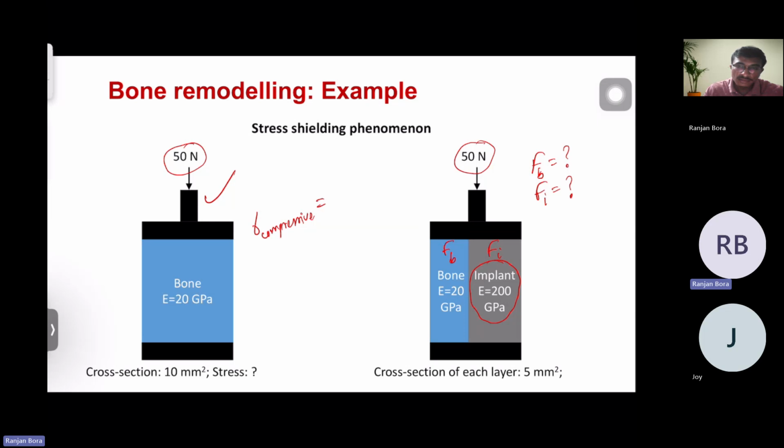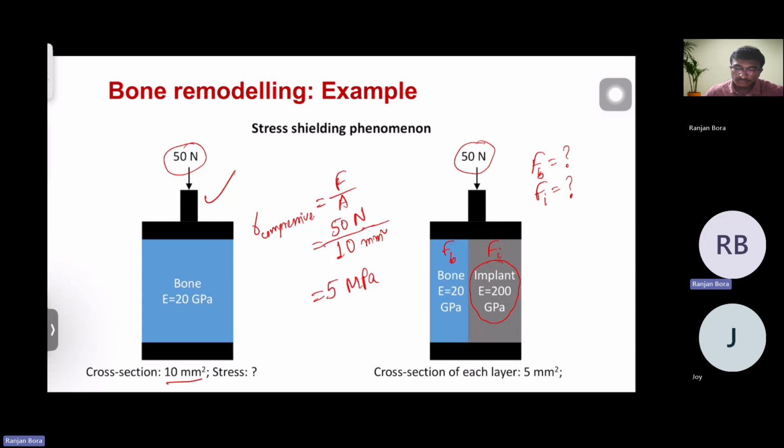What is the definition of stress? Force divided by area. So force is 50 Newton. Area of the section is given, 10 mm square. So 50 Newton per 10 mm square, if we do this, it will be 5 megapascal.